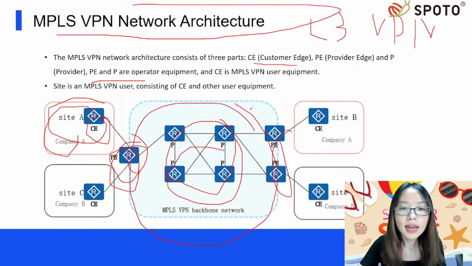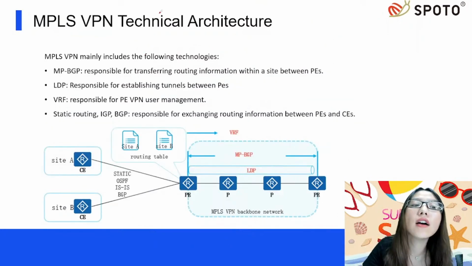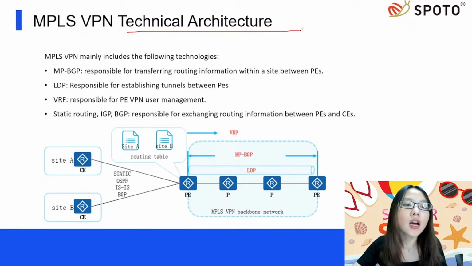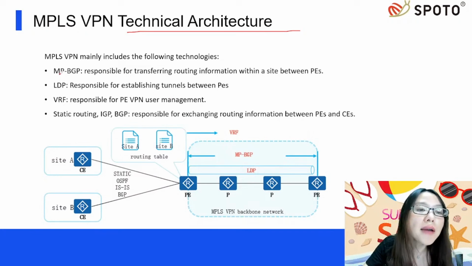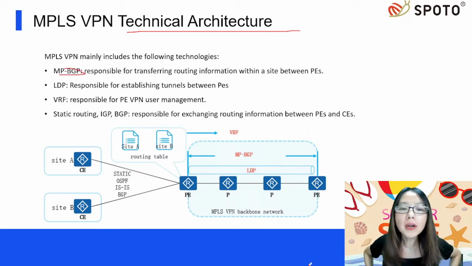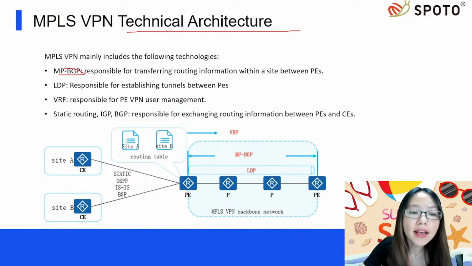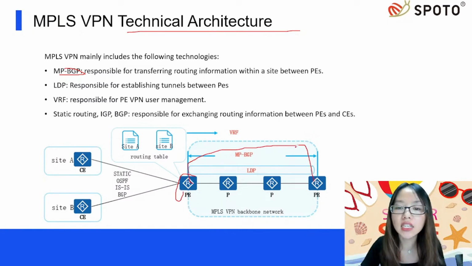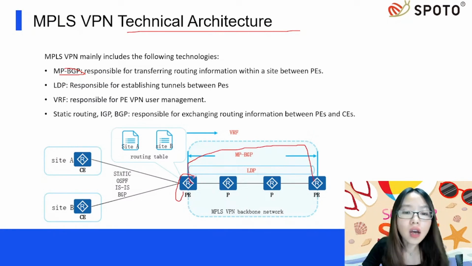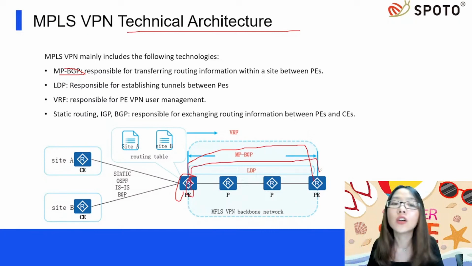So let's see the VPN technical architecture. MPLS VPN mainly includes the following technologies. First, MPBGP. What is MPBGP? MPBGP is responsible for transferring routing information within a site between the PEs. So between these PEs, we will use MPBGP to transfer routing information.